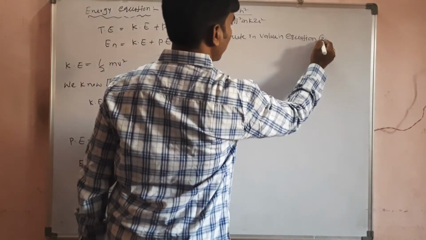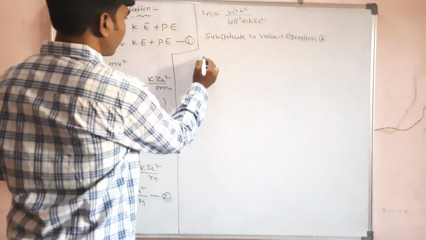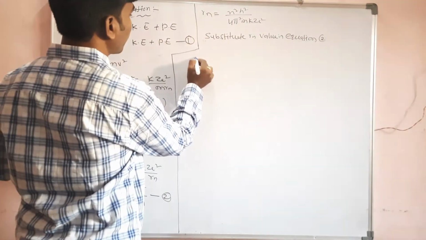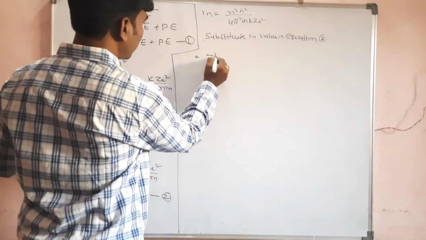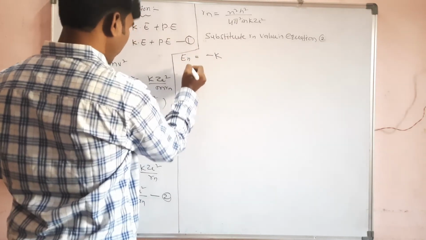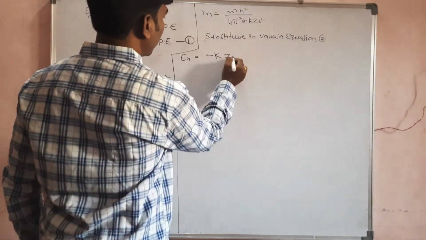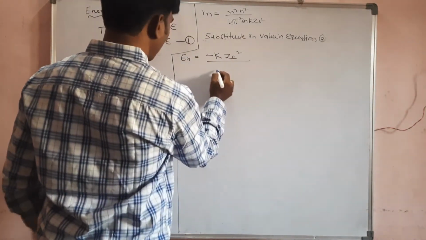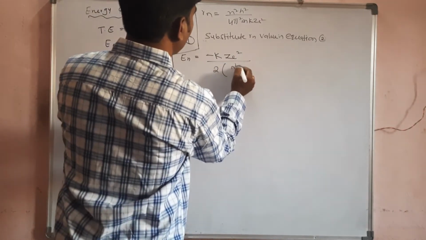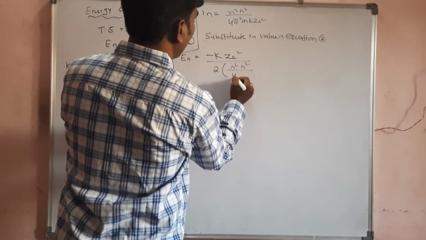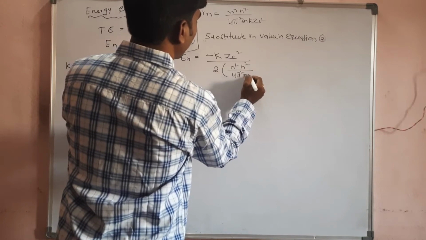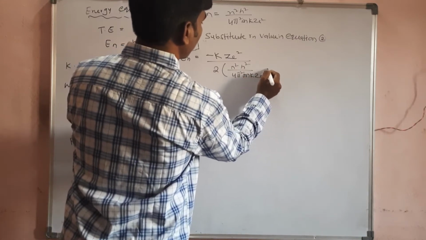Substitute the Rn value in equation 2. Then En is equal to minus kZe square by 2 into Rn, that is, n square h square by 4 pi square m k Ze square, right?